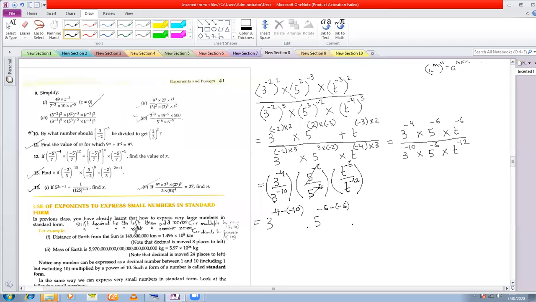And this is t to the power of -6 minus of -12. So this becomes 3 to the power of 10 minus 4 is 6, into t to the power of 12 minus 6 is 6. So this becomes (3t) whole to the power of 6.